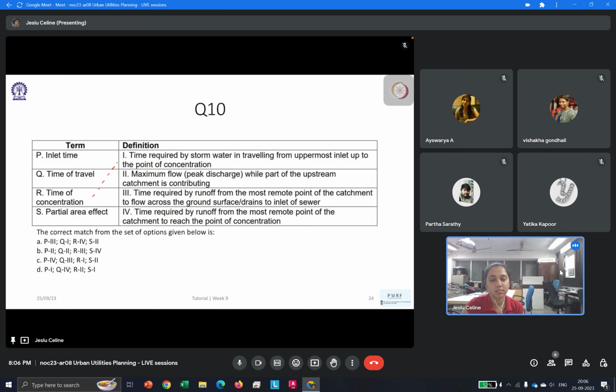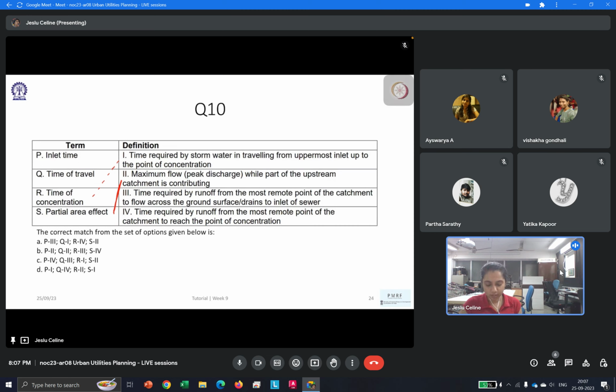Aishwarya, you should be able to answer this. No? That's a bit disappointing. So that's the partial area effect, which we discussed in our previous classes. Yes, I remember now. Good. Revise this properly, because for GATE questions and also for your NPTEL exam, this partial area effect usually keeps repeating. It's usually asked, so don't forget this.